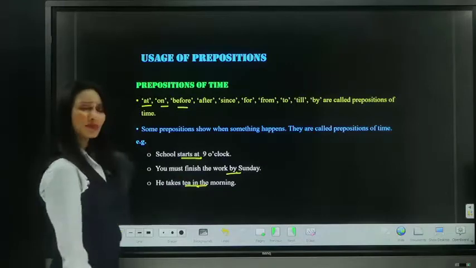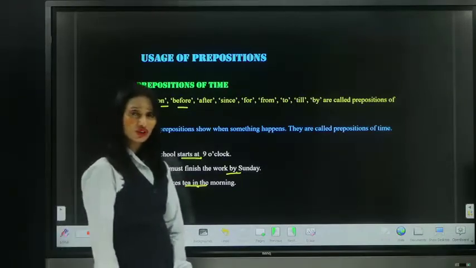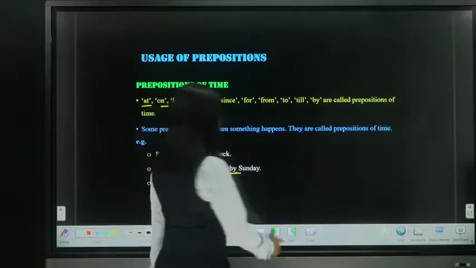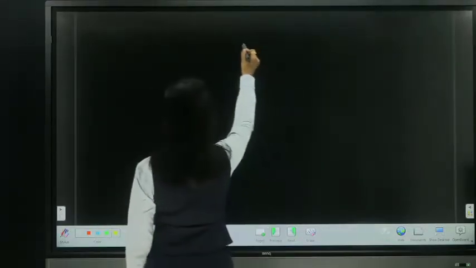So when we talk about time, the first thing we should do is understand the time. Let us understand the time well before learning some prepositions of time.